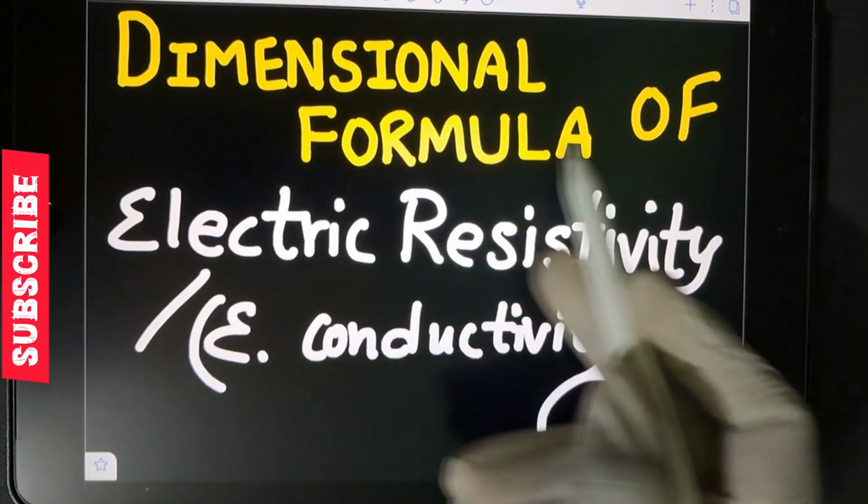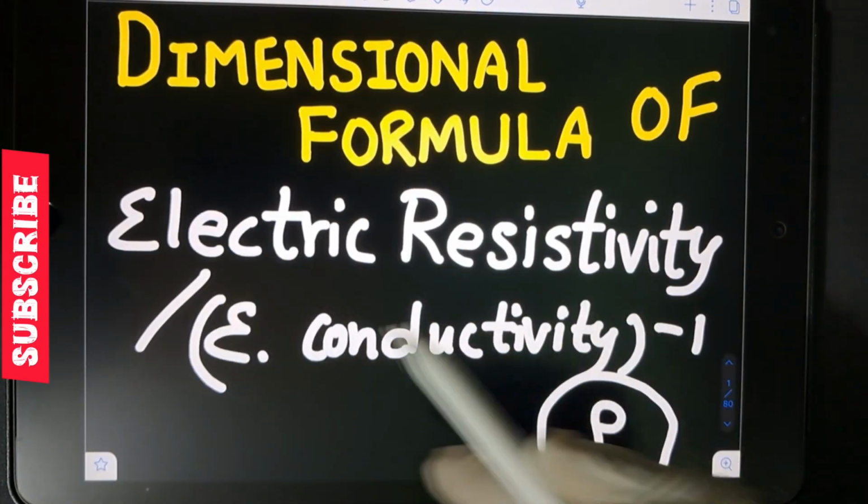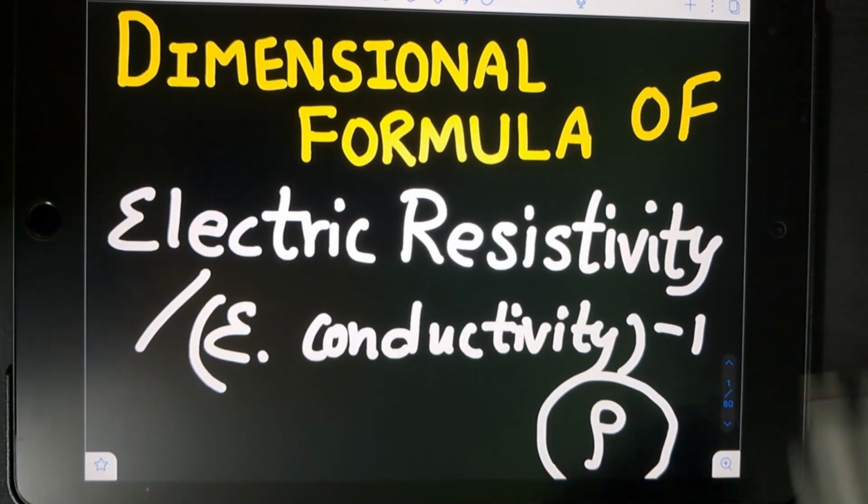To find the dimensional formula of electric resistivity denoted by the letter rho.